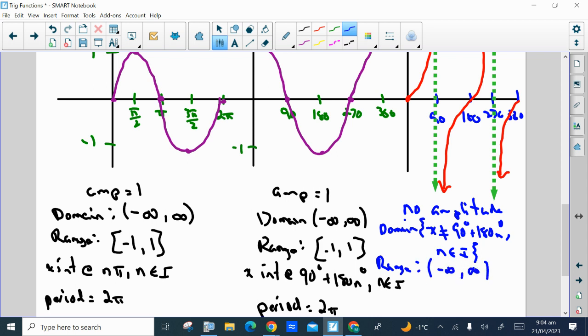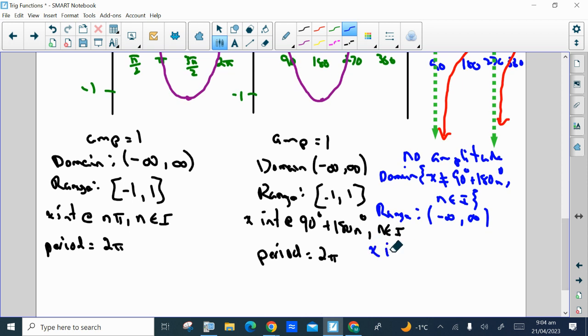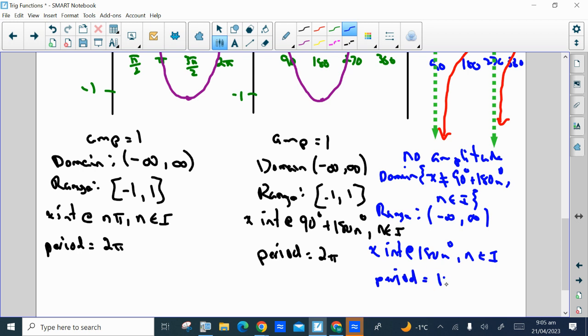So again, lots of differences between tangent graph compared to the other two. Our x-intercepts are every multiple of 180 degrees. And the other thing that's different is that the period is only pi radians. Every pi radians, it goes through one cycle.